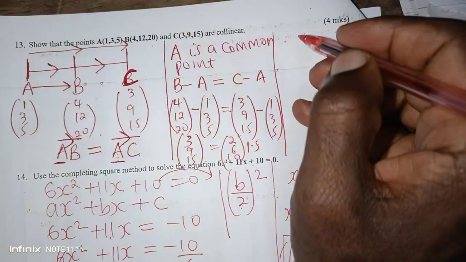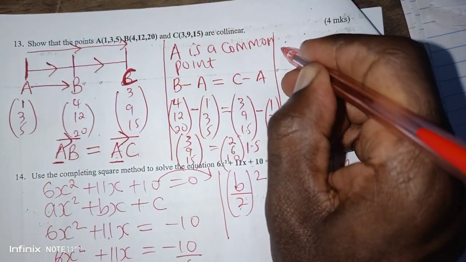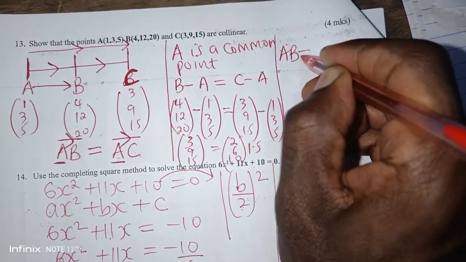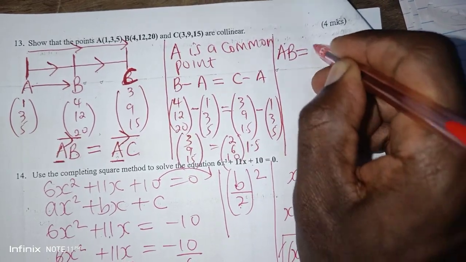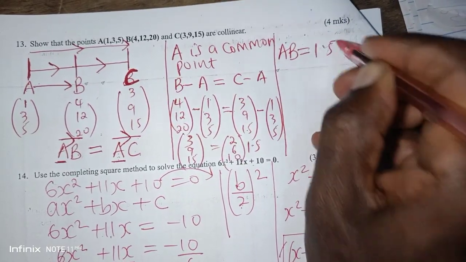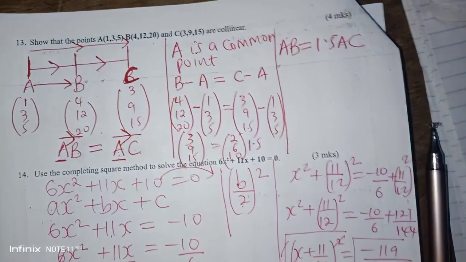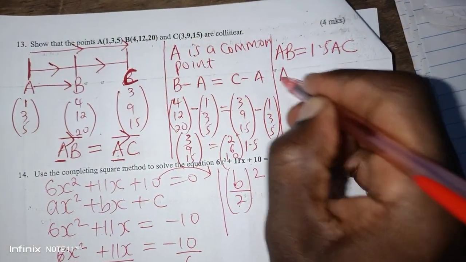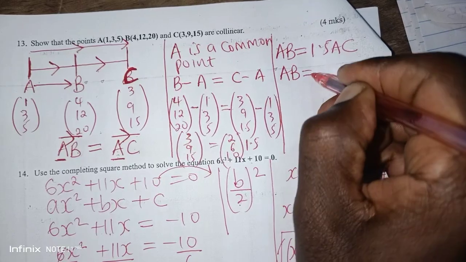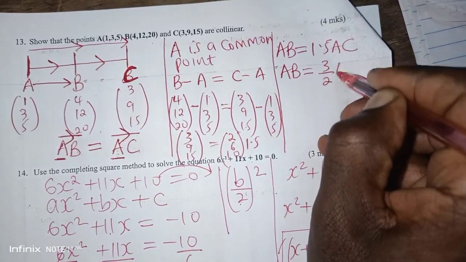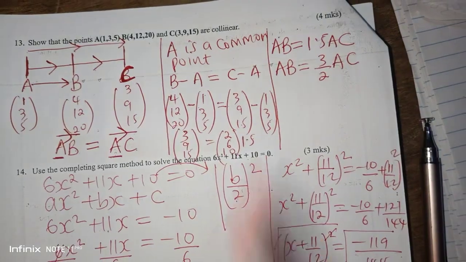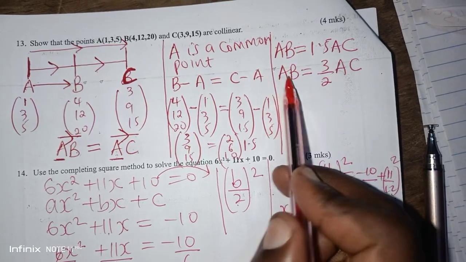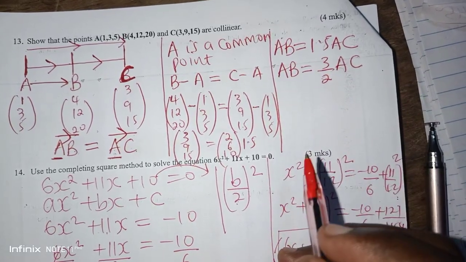So then I can say that AB is equal to 1.5 of AC. Or I can say AB is equal to 3 over 2 of AC, because 1.5 is the same as 3 over 2. So that 2AB should be equal to 3AC.